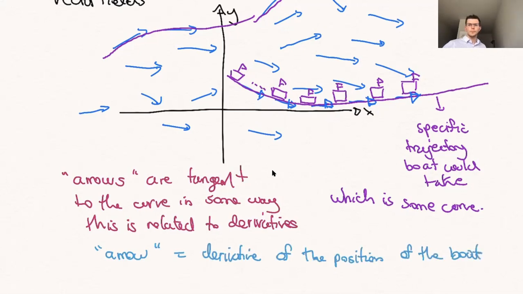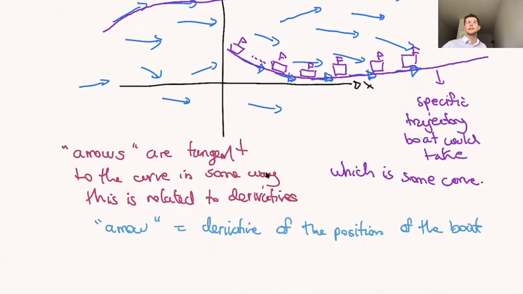Okay. So in mathematics, the way you think about this is that you have a boat or some object, and you just want to see how that object behaves in time by specifying its velocity, right?